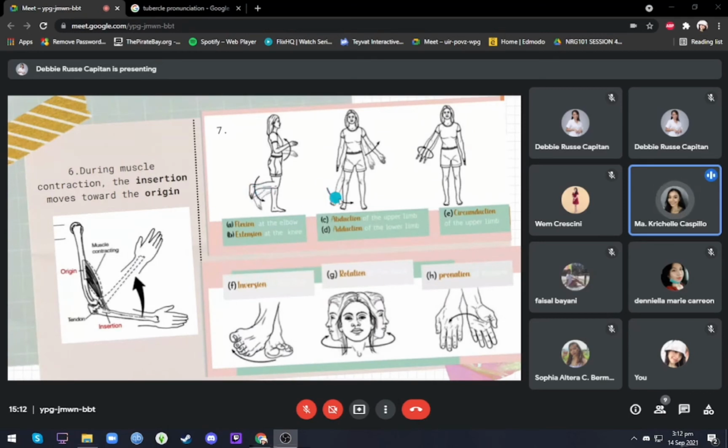C. Abduction of the upper limb. D. Adduction of the lower limb. E. Circumduction of the upper limb. F. Inversion of the foot. G is rotation of the head and pronation of the forearm. Next.